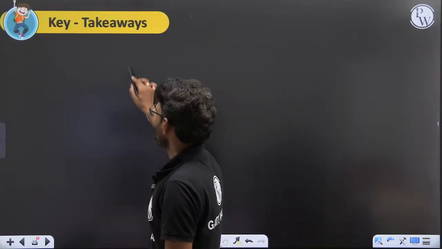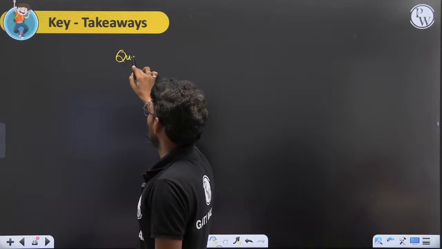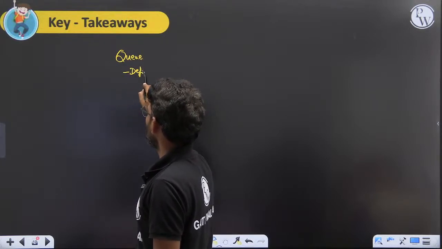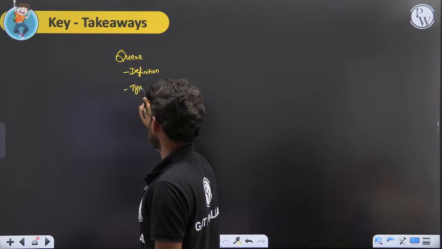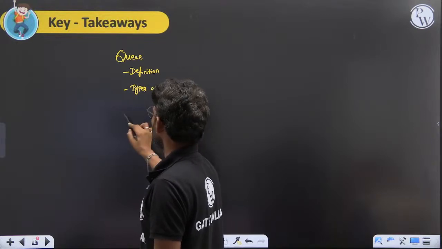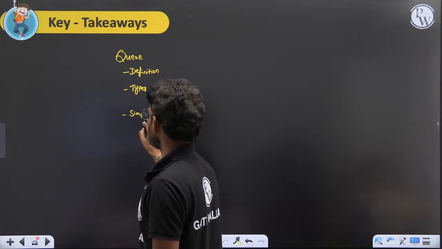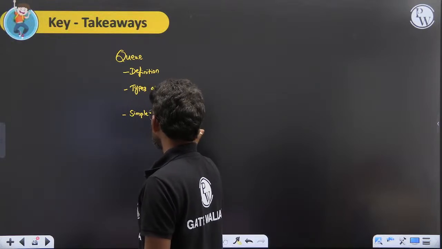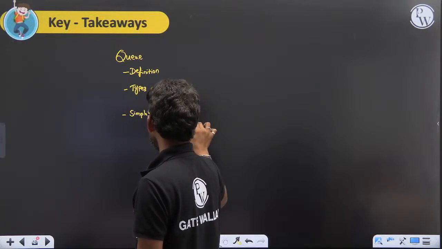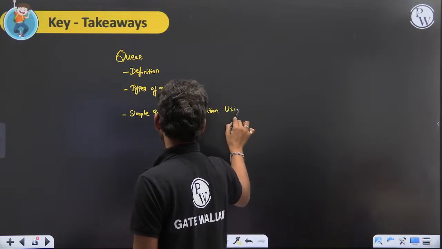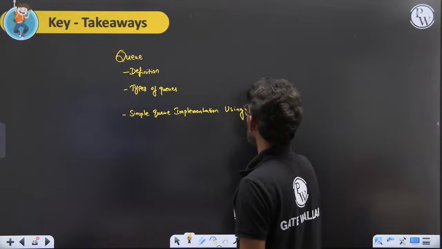So today we have discussed what is queue and what are different types of queues, and with respect to simple queue, enqueue and dequeue operations using arrays.